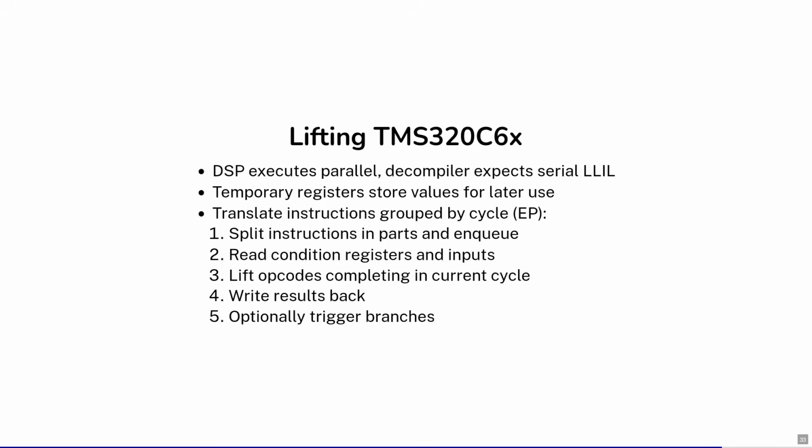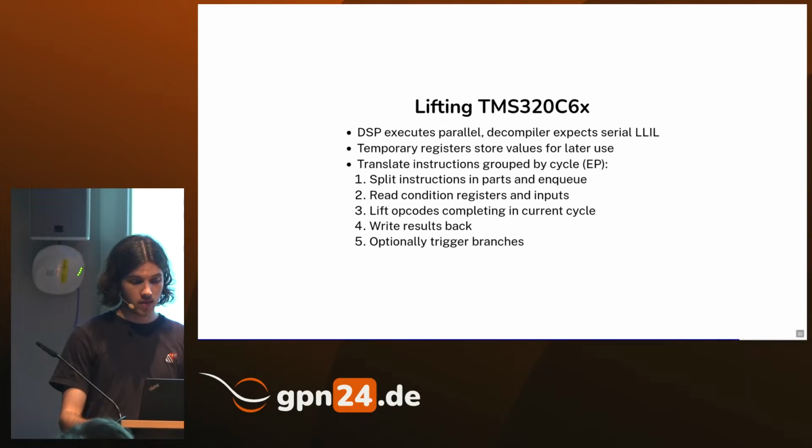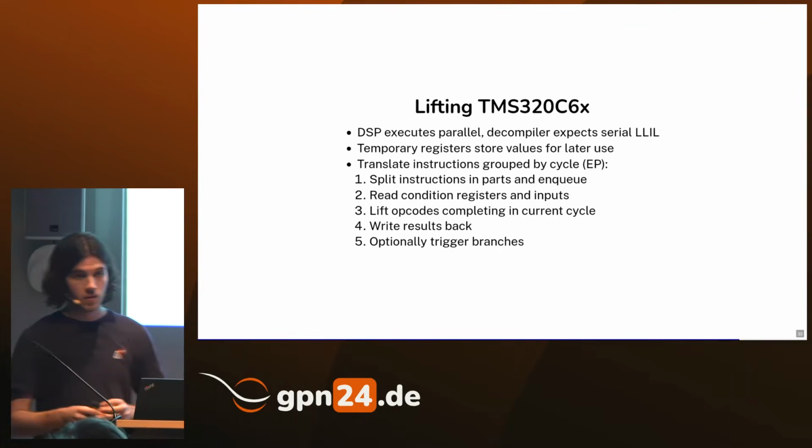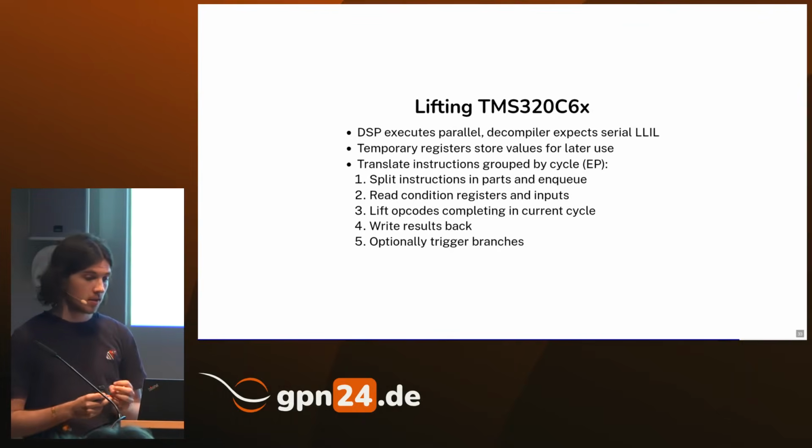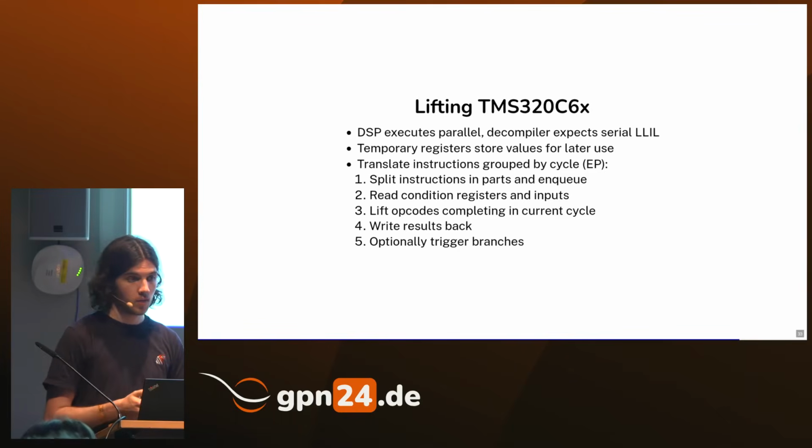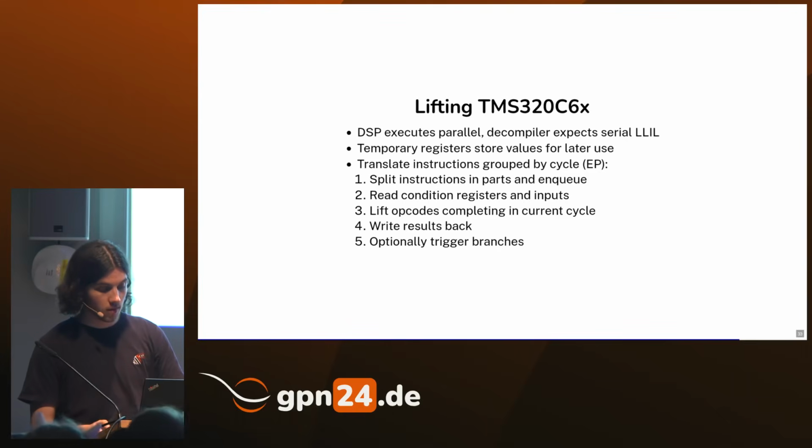For example, for each instruction, we split it up into reads, then the computation of each opcode, and then writing back the results. So we again have a loop that handles each execute packet at a time, and we first split each instruction up and queue the parts for the cycles where they apply. And then we translate one cycle to low-level IL.